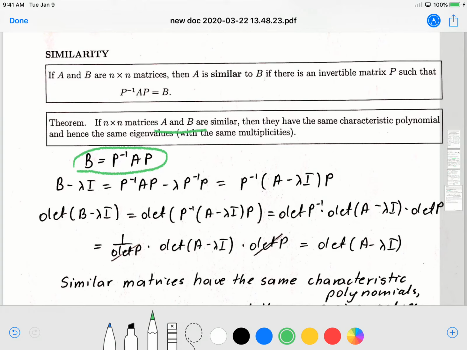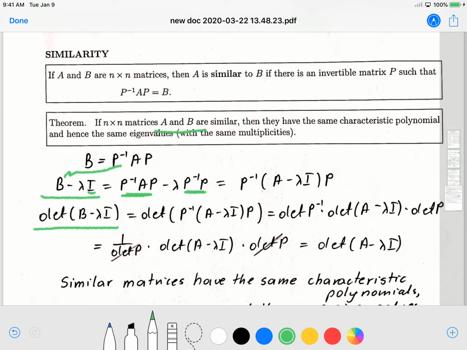Now I would like to see what B minus lambda identity is, because for the characteristic polynomial I need to get the determinant of B minus lambda identity. So I substitute for B first. B is this matrix, so I'm substituting this, and identity is P inverse times P.